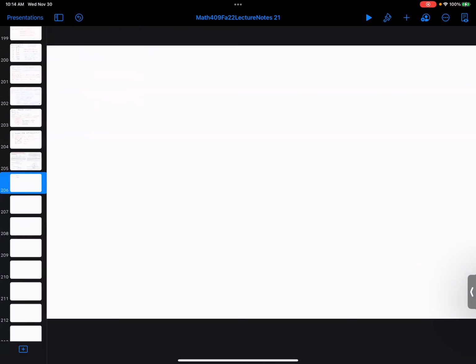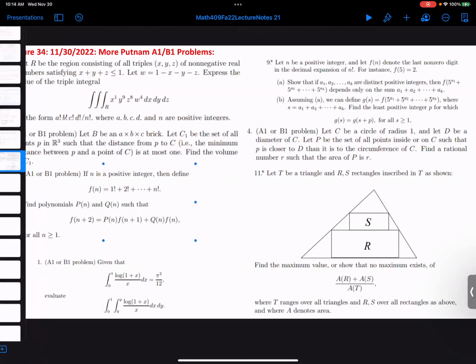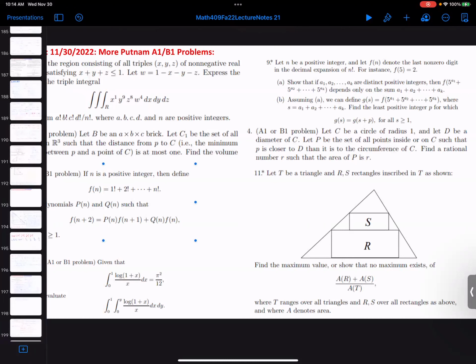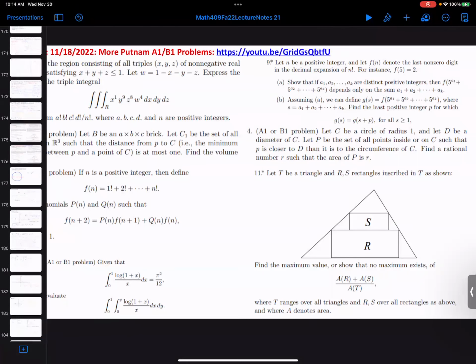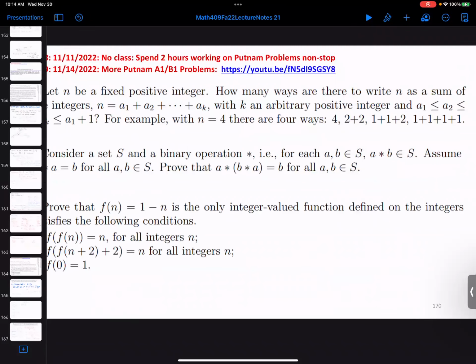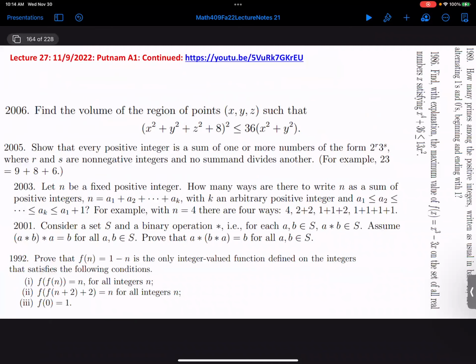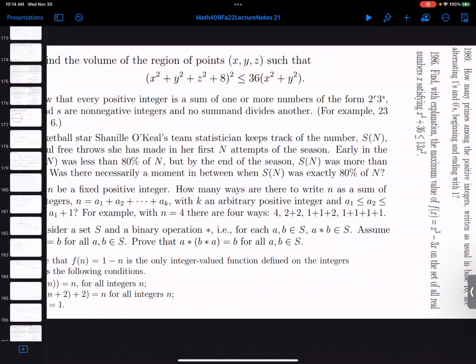Okay. So were there other problems from this that people wanted to look at? I don't know if we did all the problems from earlier. These are the same ones. We did the binary star. So let's see, I think we might have done all the ones here.